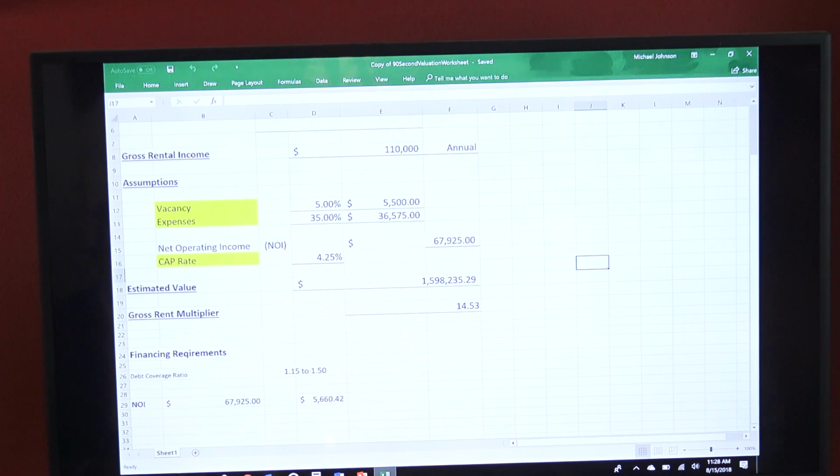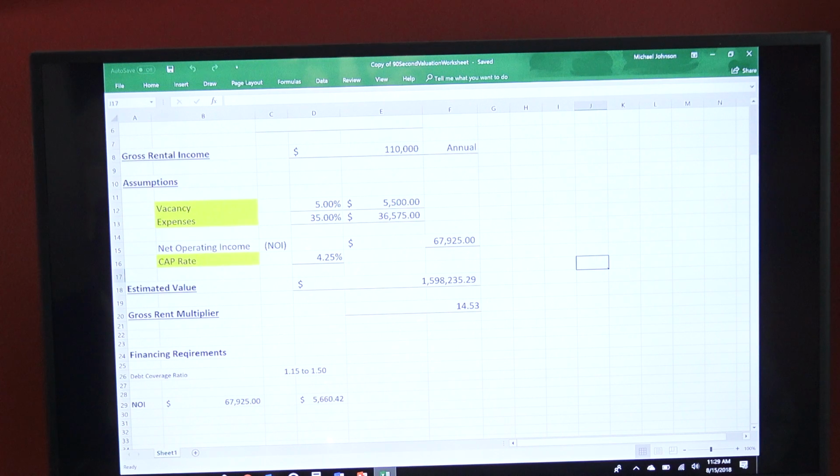So the expenses for maintenance, etc., would be significantly different between the two. So as you can imagine, how much it costs to operate a building changes how the bottom line is going to turn out, and that's the expenses. And then of course cap rate.